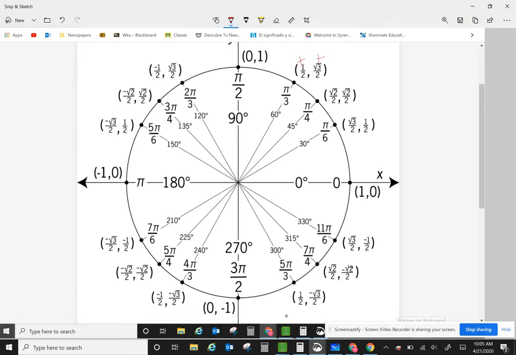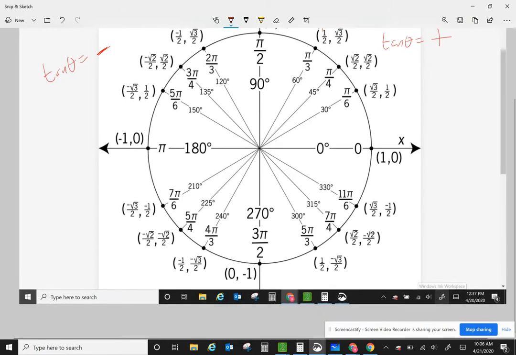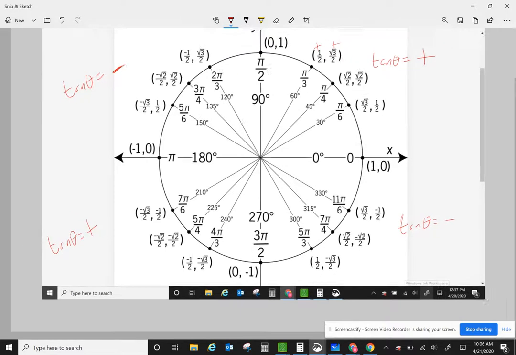Positive divided by positive, so tangent in the first quadrant is positive. Tangent in the second quadrant is negative. Tangent in the third quadrant is positive. And tangent in the fourth quadrant is negative.